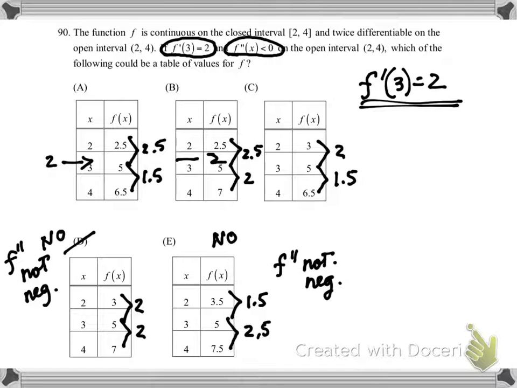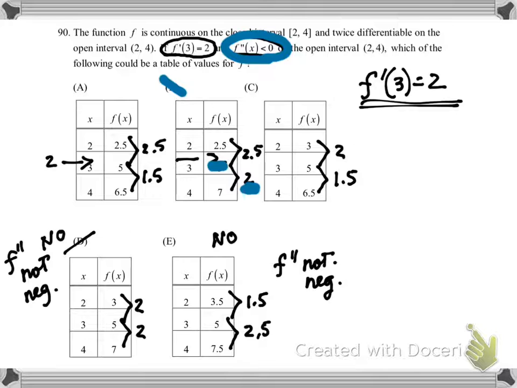If your F double prime is strictly negative for the whole interval 2 to 4, it shouldn't happen that the slope at 3 is equal to 2, and it's the same as the slope from 3 to 4, which is the same as 2 here. It can't happen like that. It has to decrease. So this is a no for me.